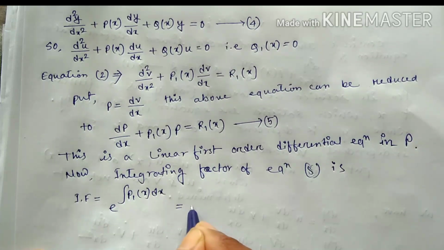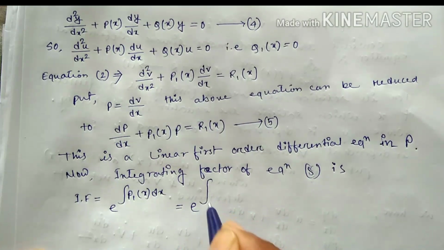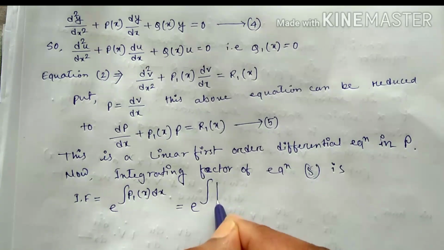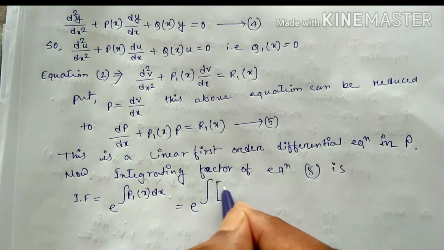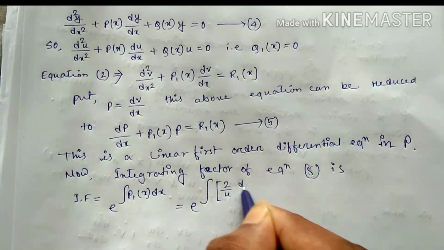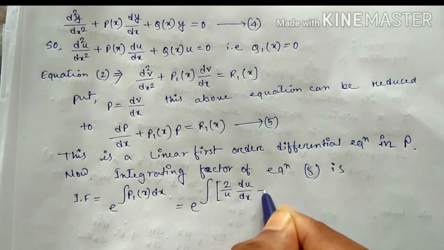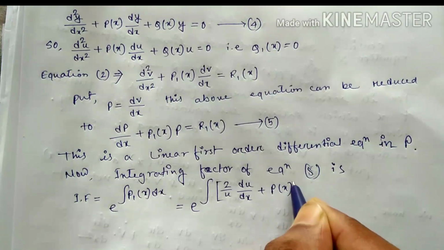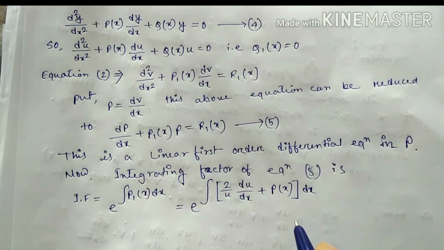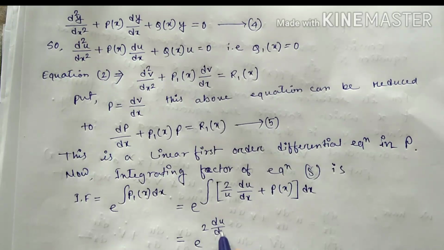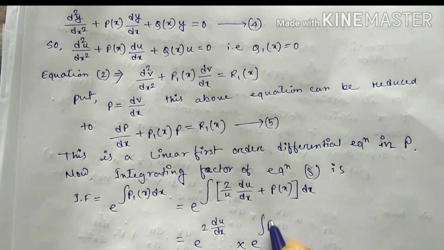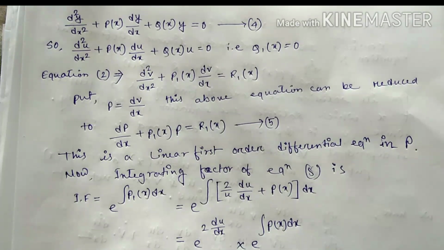This equals e to the power integration of, we have to put the value of p1 of x, that is 2 by u du upon dx plus p of x, dx. This equals e to the power 2 du by dx into e to the power integration p of x dx.